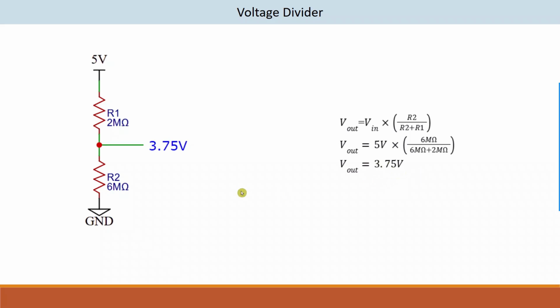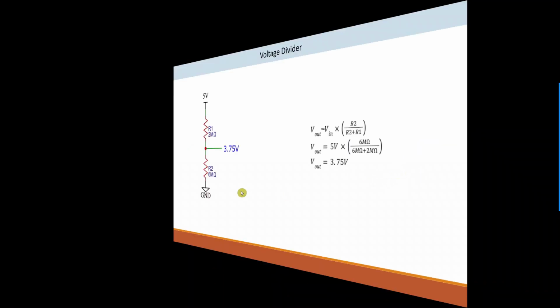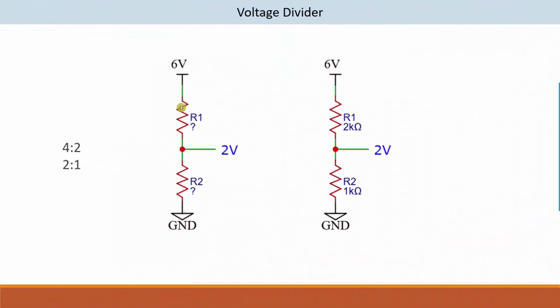Okay, so next here my input voltage is 6 volt and I need an output of 2 volt, but I don't know R1 and R2. So in this circuit we have to calculate the R1 and R2 values.